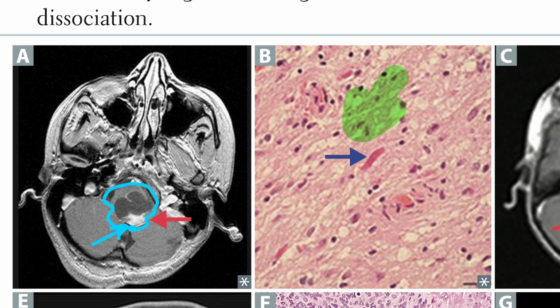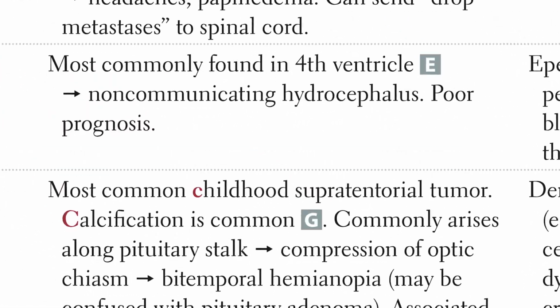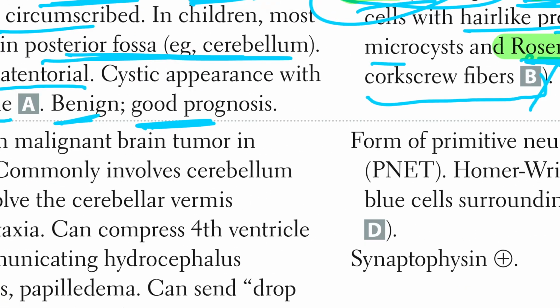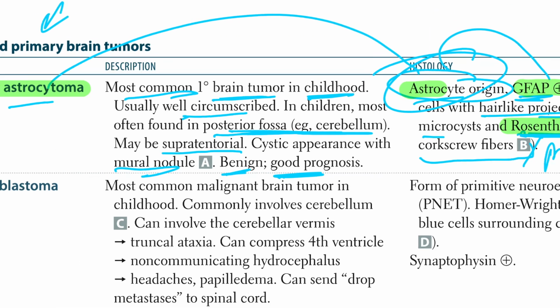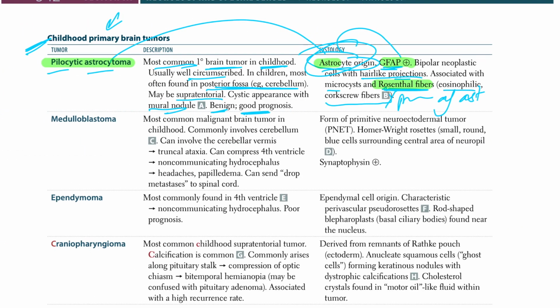So it's called mural nodule right here. Okay. So recalling this whole thing, all you gotta know is pilocytic astrocytoma, GFAP positive astrocytes, and Rosenthal fibers, which are the processes of astrocytes.